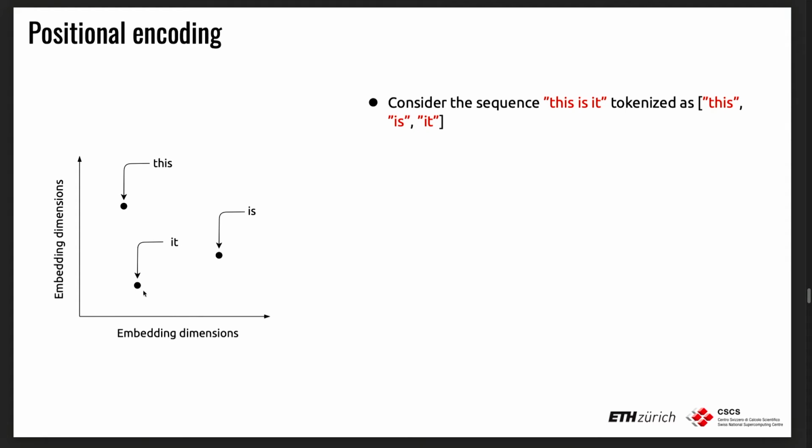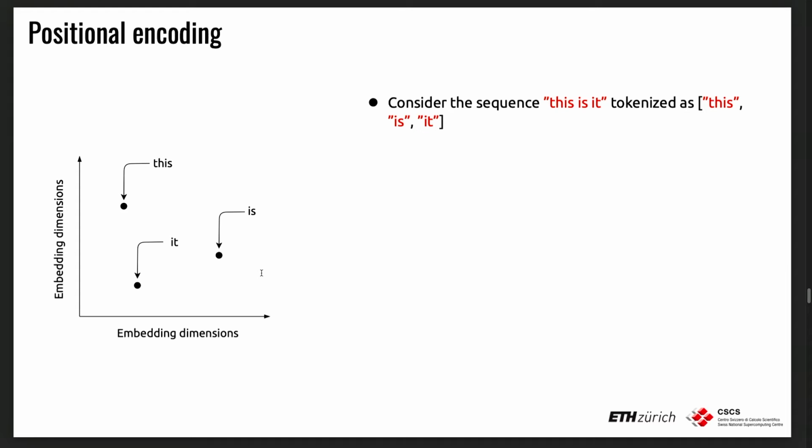It is this one, and this vector here, and these are the embeddings from the lookup table. So you get a token for this, you look in the embedding table, and you plot it, and it gives you something like that.